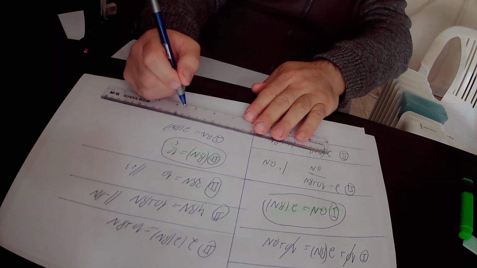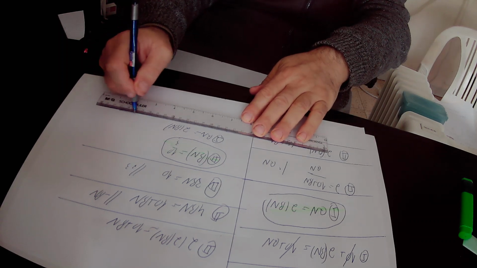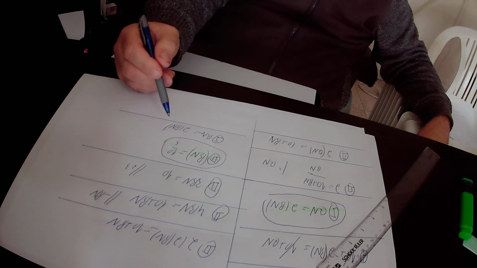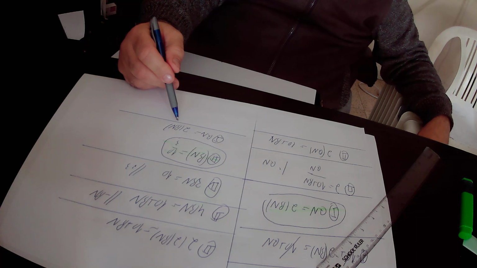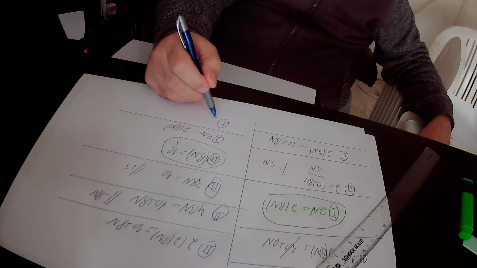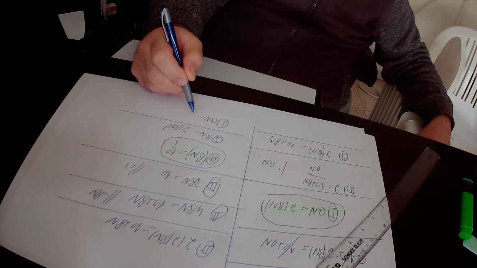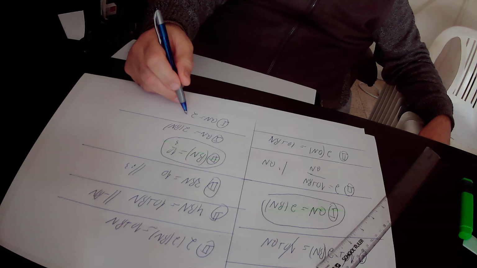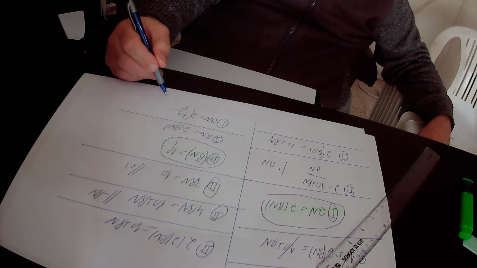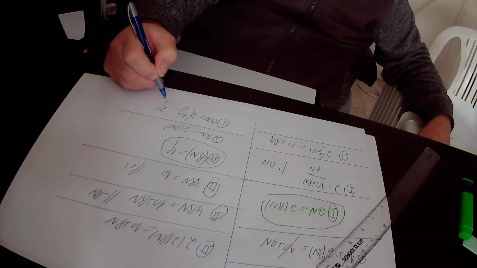Okay, now we can put the value of Bn that is equal to 10 over 3 inside this equation number 1, and we get that Qn equals to 2 times, and Bn is 10 over 3. So Qn in total equals to 2 times 10 over 3. 2 times 10 is 20, so it is 20 over 3 in total.